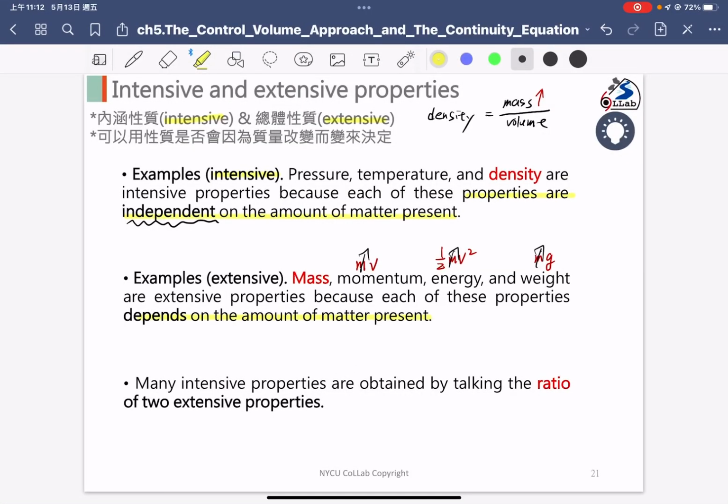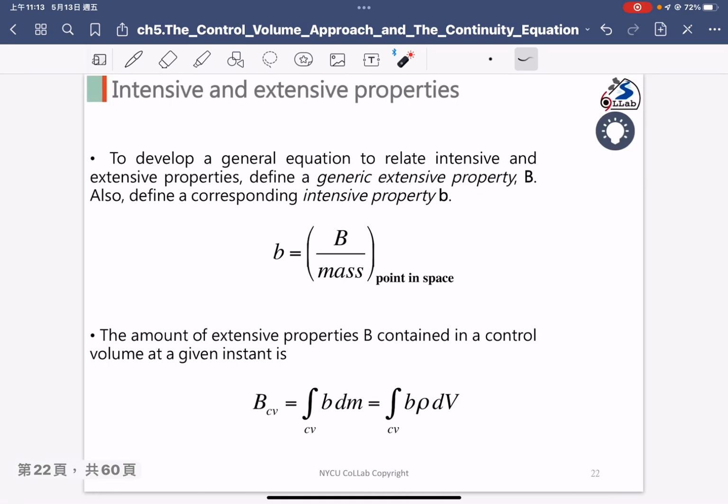Okay, so as I mentioned in the final sentence, usually the intensive properties can be computed from the ratio between two extensive properties. So here we define the extensive property with the capital B, and the intensive property with the small b.